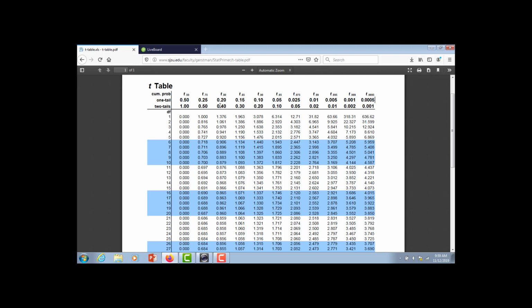It's a two-tailed test, and we will go down the alpha 0.05 two-tailed test column until it intersects with the correct degree of freedom that is related to our study. Now, our degree of freedom is 22.